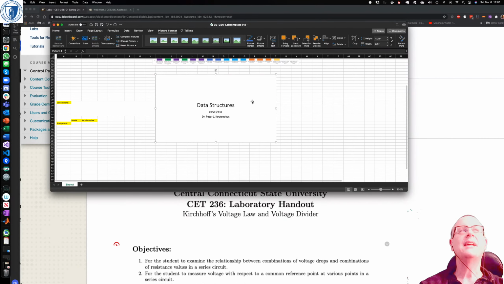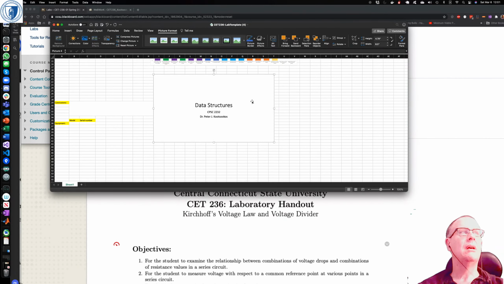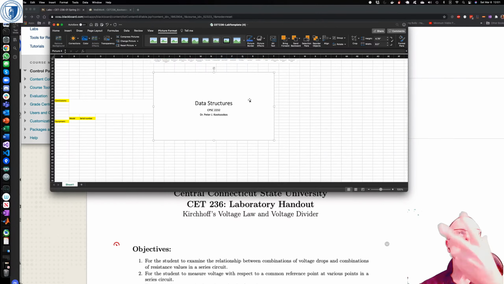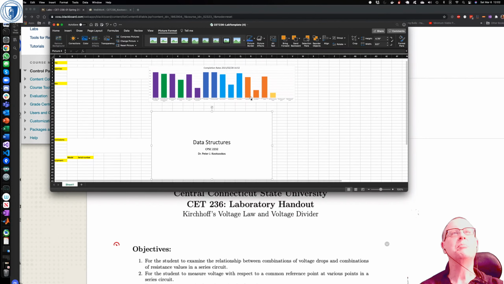Now the trouble with that is it only shows you the first page of the PDF in Excel. So if you're going to put in PDF documents, I suggest you just make them one page at a time.